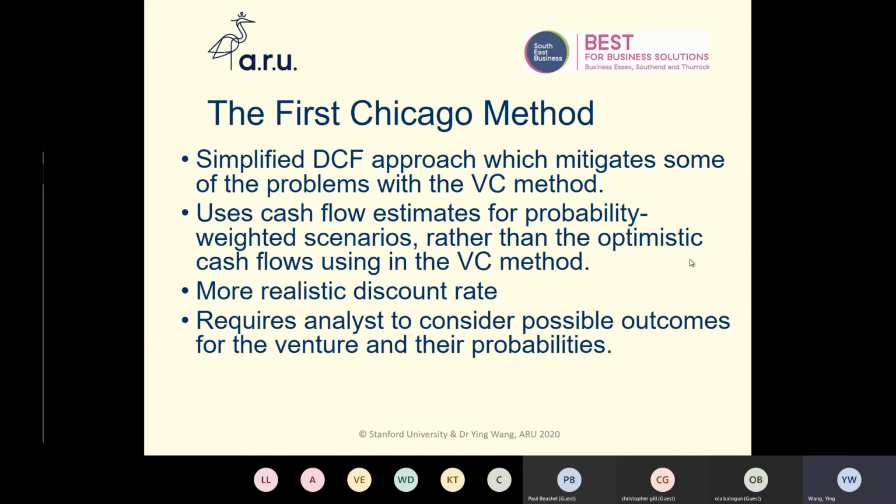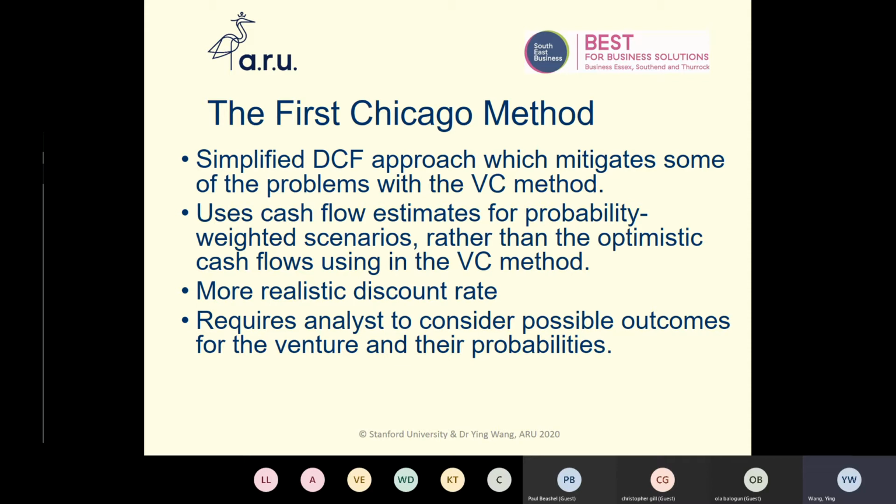Another method is the first Chicago method. This is a simplified discounted cash flow. That helps quite a lot because they use cash flow estimates for profitability. At this time, they use weighted scenarios. In other words, they don't just consider the success situation, they consider whether it will fail or it will run as normal. So this is where they build scenario analysis into the valuation technique.